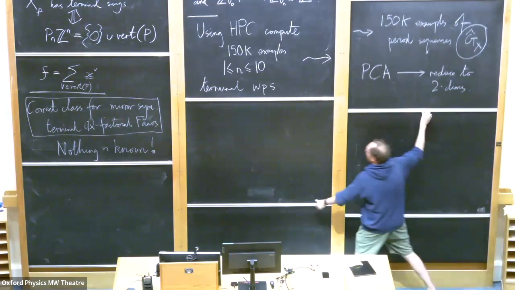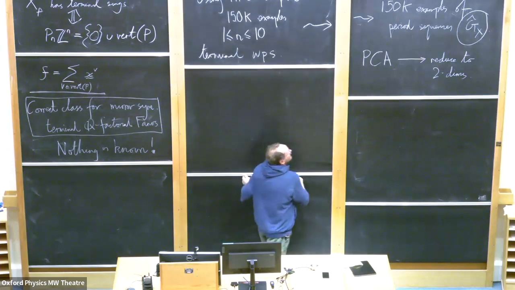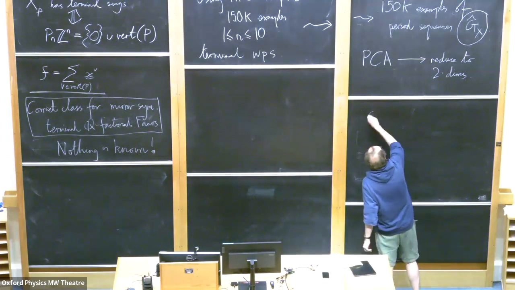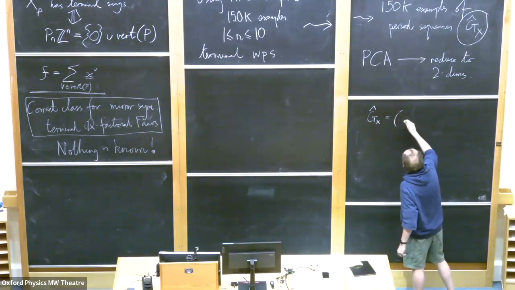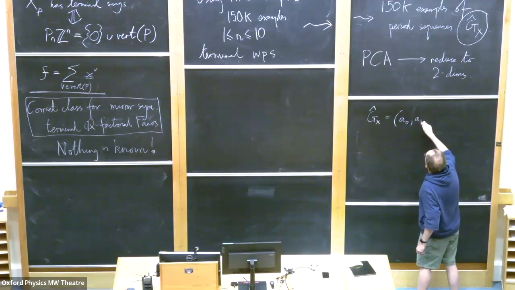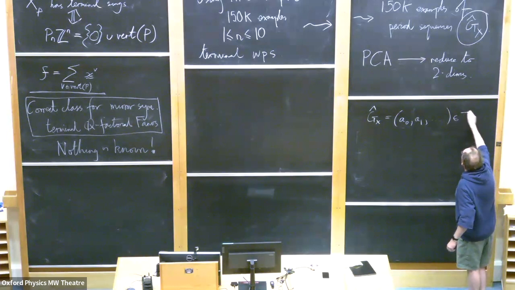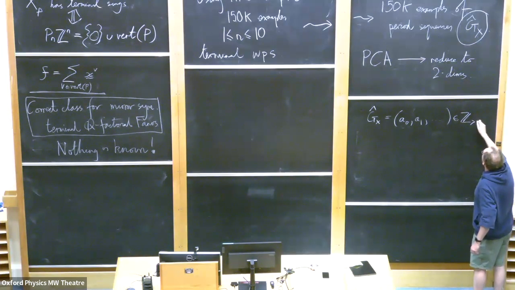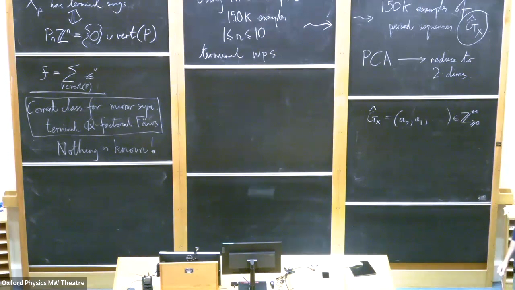So after a little bit of investigating, what PCA says to us is, well, you've got g hat x, and I'm going to write it as a sequence A0, A1. It's an infinite sequence of integers. Now, some of these are 0. Just don't worry about that. Just ignore the ones at 0.